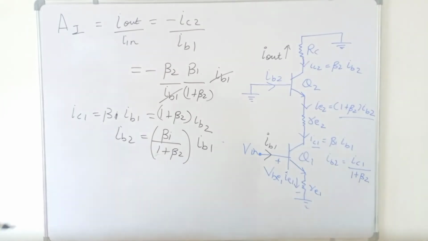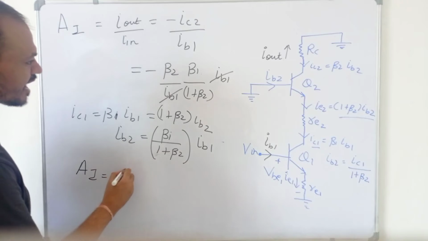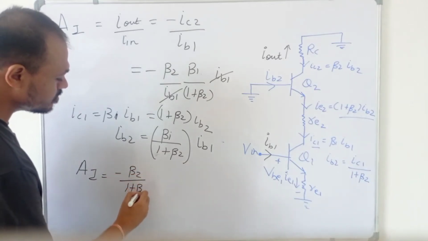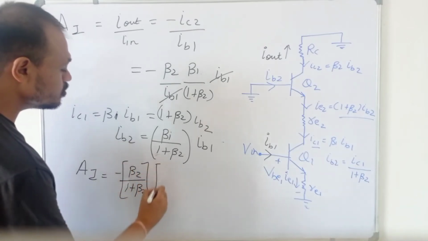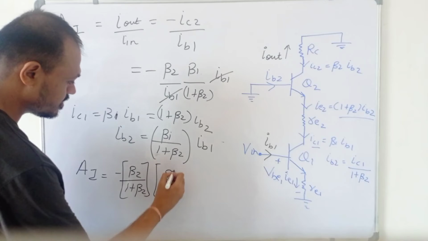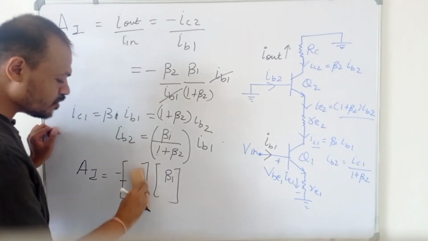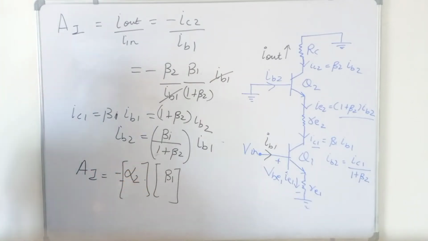So the current gain AI is equal to minus of beta 2 upon 1 plus beta 2 into beta 1. This beta 2 upon 1 plus beta 2 is nothing but equal to alpha 2.